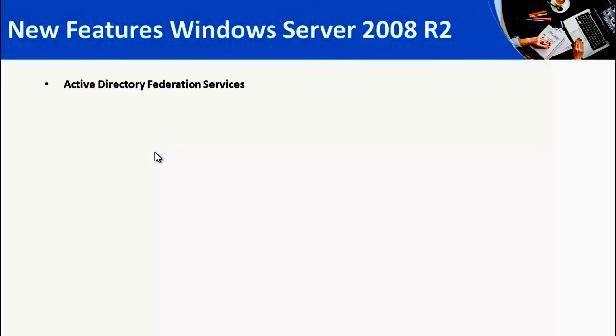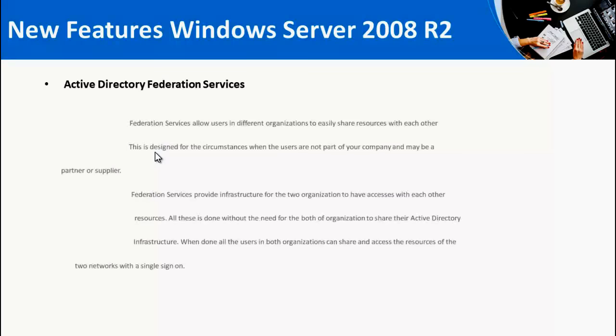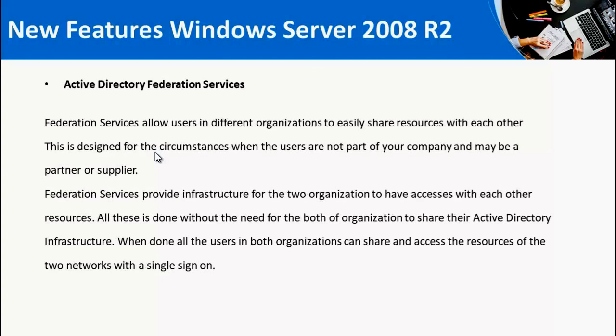Next is Active Directory Federation Services. Active Directory Federation Services allow users in different organizations to easily share resources with each other. This is designed for circumstances when the users are not part of your company and may be a partner or supplier.